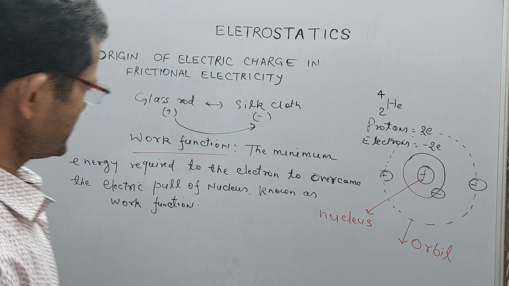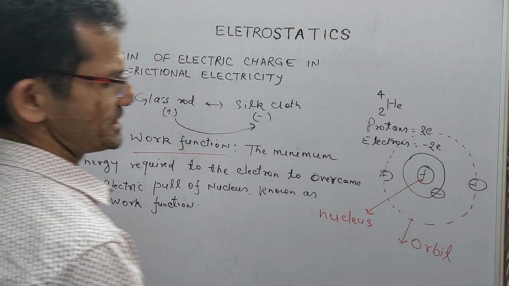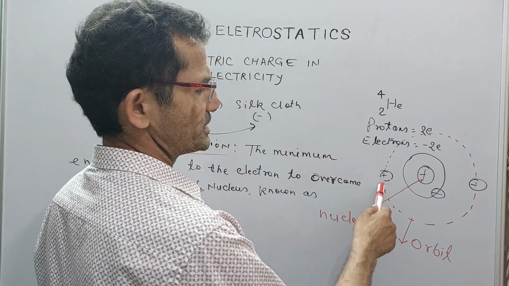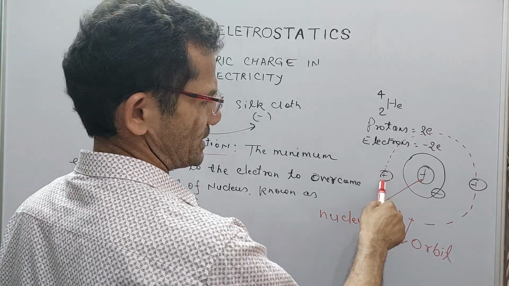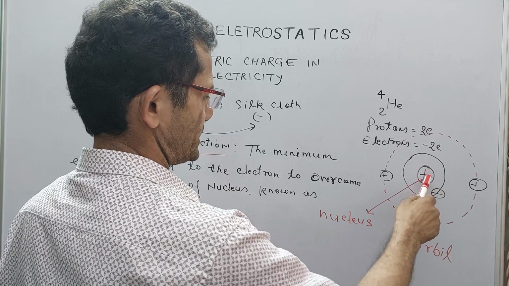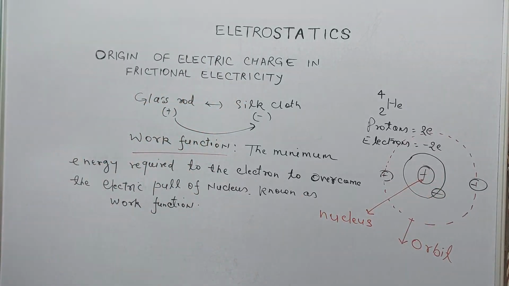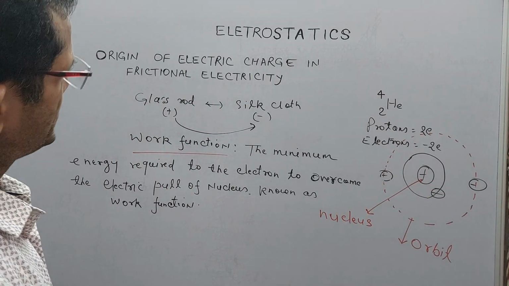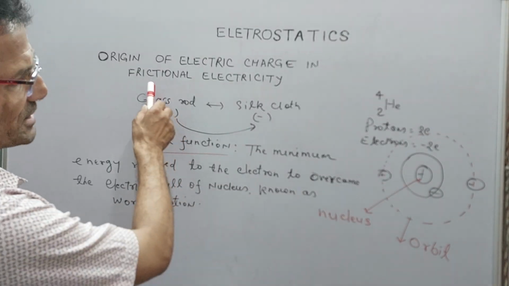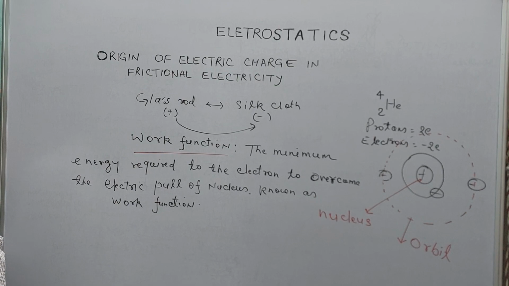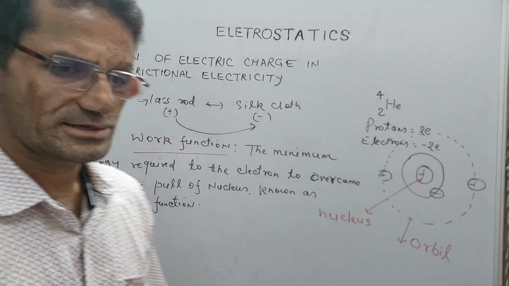That energy is transferred to the electrons as kinetic energy, so they overcome the pull of the nucleus and come out easily. We have not created charge, we have just transferred some electrons from the glass rod to the silk cloth. This is the concept of frictional electricity.